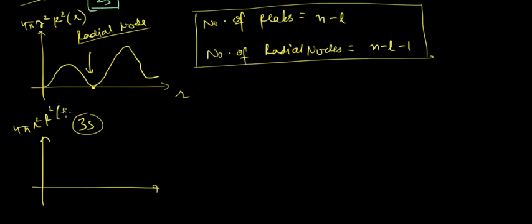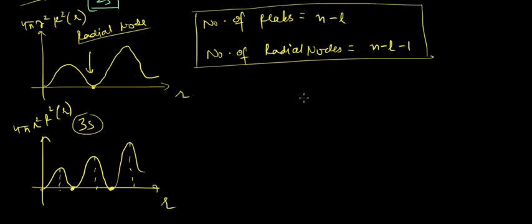So it would be something like this. Okay, so number of peaks would be n minus l. N minus l is 3 in this case, hence first, second and third peak. Number of radial nodes would be n minus l minus 1. N is 3, l is 0, minus 1 would be 2. So number of radial nodes here would be 2.